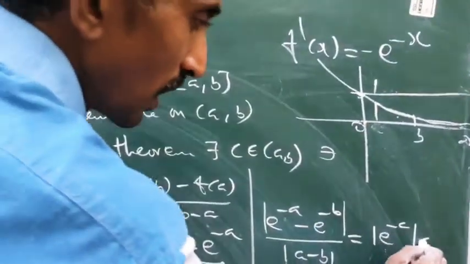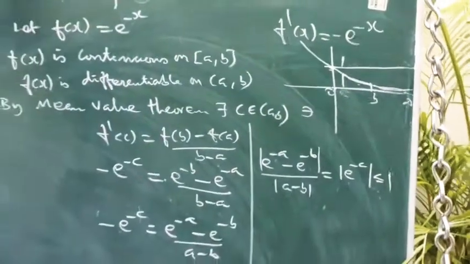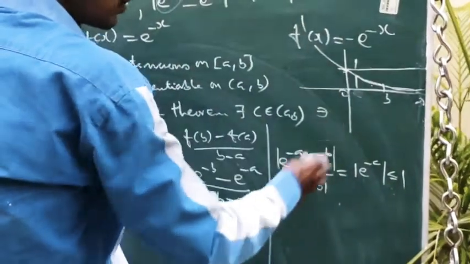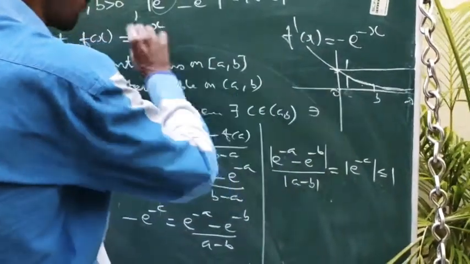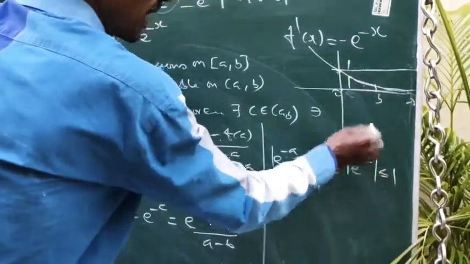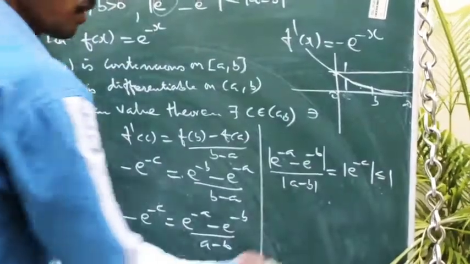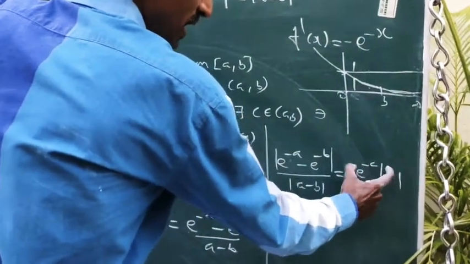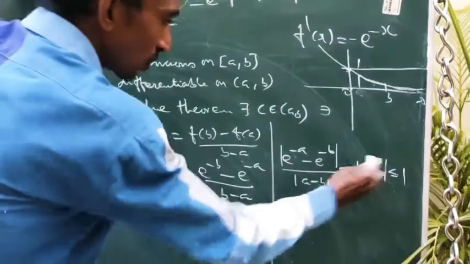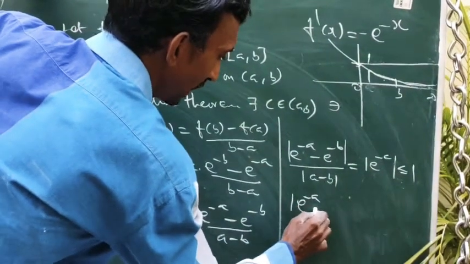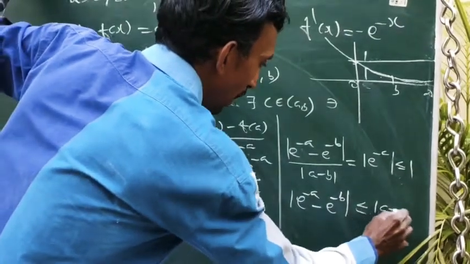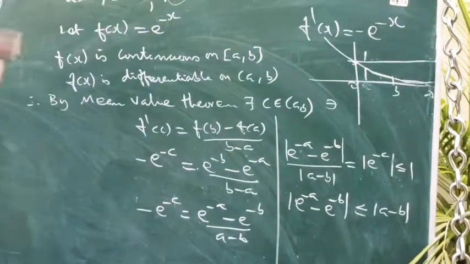So we can put it here, less than or equal to 1. Are you clear? c is the intermediate value between a and b. Therefore, we can put modulus of e power minus c less than or equal to 1. So cross multiply: modulus of e power minus a minus e power minus b is less than or equal to modulus of a minus b. That is our aim.